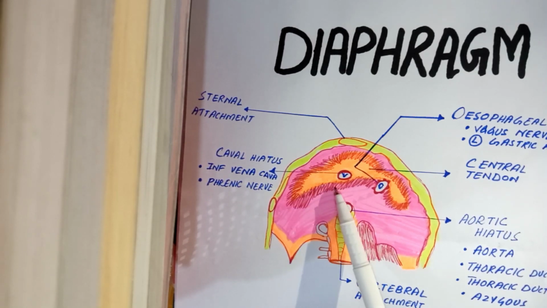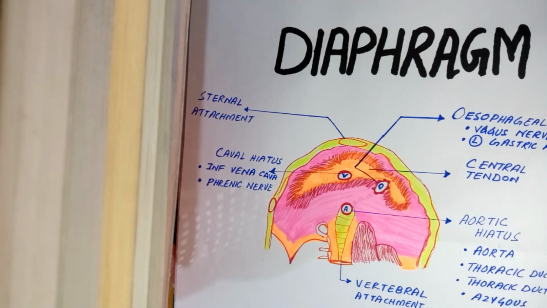If we talk about the arterial supply of the diaphragm, it is supplied by subcostal arteries. It has origin from costal cartilages and ribs, so it is supplied by subcostal artery. It is supplied by lower 5 intercostal arteries. It is supplied by branches of abdominal aorta. As you know, aorta gives branches, that is right and left inferior phrenic artery.